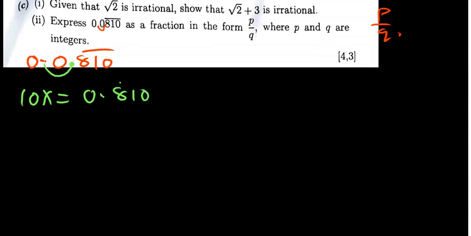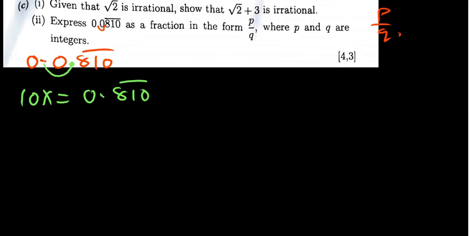So let's start. You first have to shift the decimal point to where the bar starts. I have 0.0810 and the bar is ending there. You push this to the point where the bar is starting from. I've just moved one step, so 10x is equal to 0.810 bar.